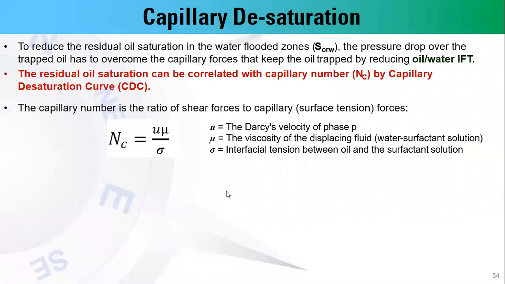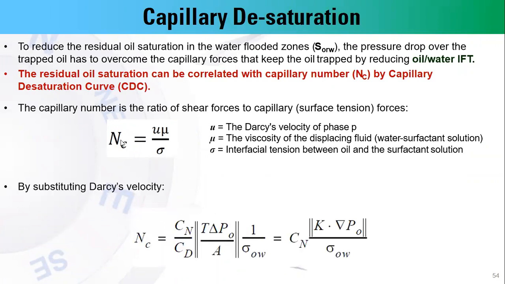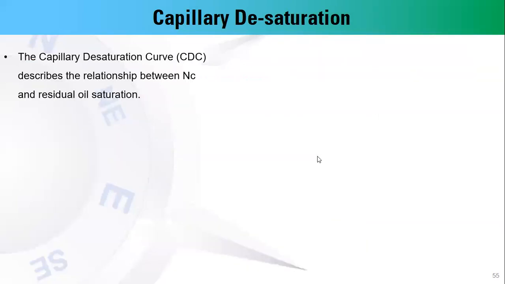It simply means the reduction of capillary trapped residual oil. So we have this term, which is capillary number. I won't go through it in detail, but we have this equation, which is the capillary number.